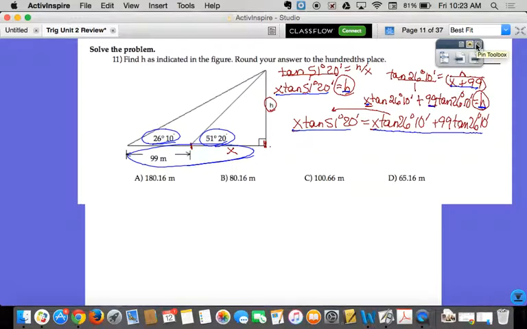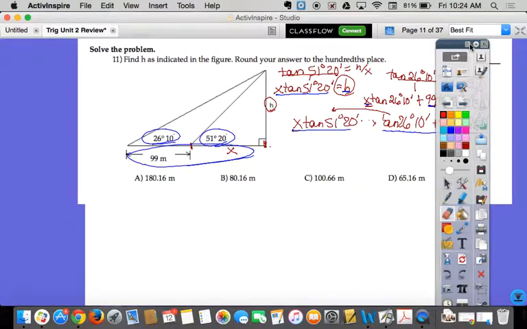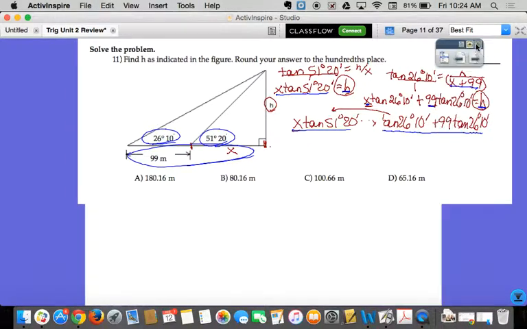Our goal is to get the two terms with x's on the same side. So this term right here needs to move over. It's just basically going to change to a negative when you do.